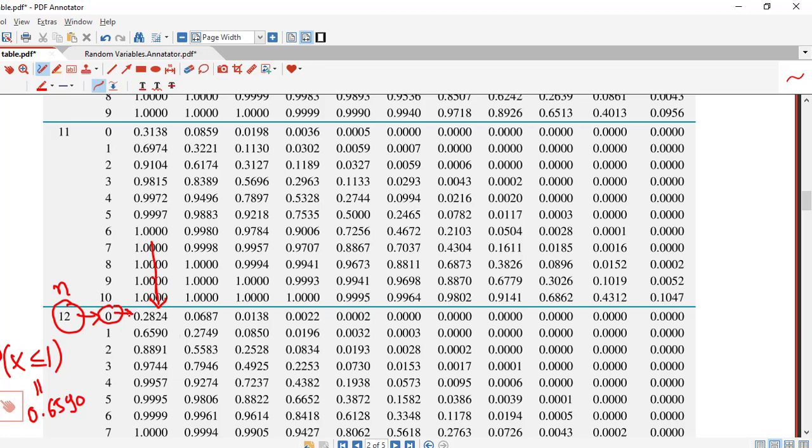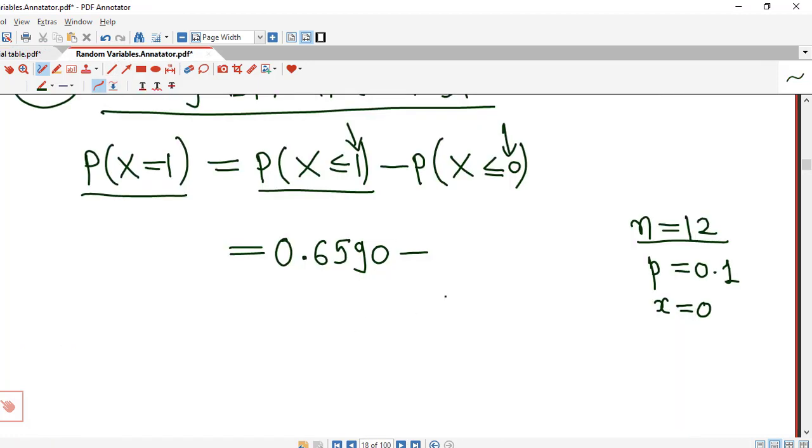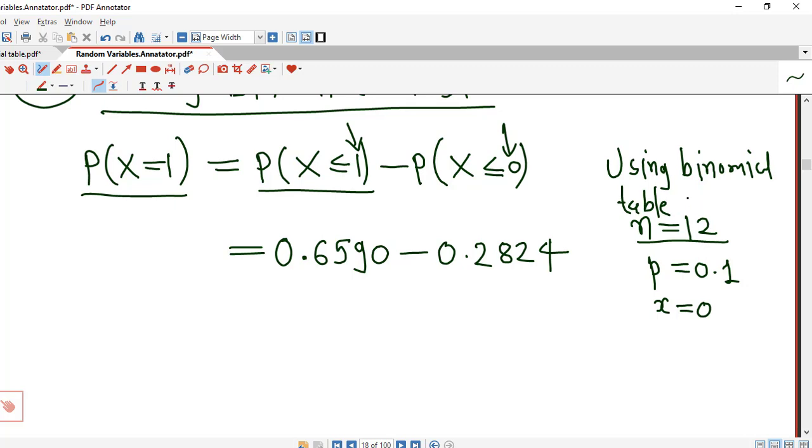So for x equal to 0 and p equal to 0.1, we have 0.2824, and we write that. So using the binomial table, with n equal to 12, p equal to 0.1 and x equal to 0 and 1, we obtain this.